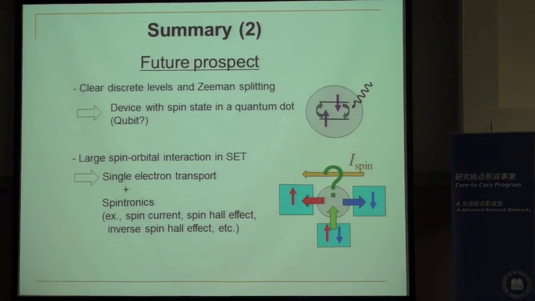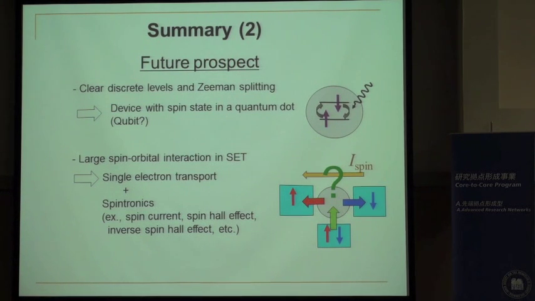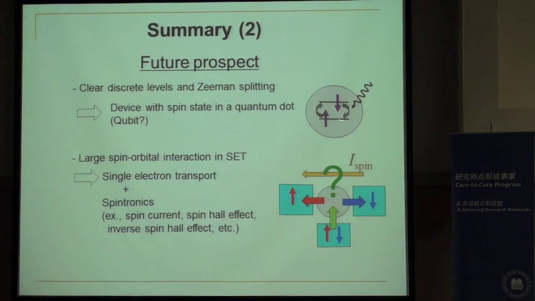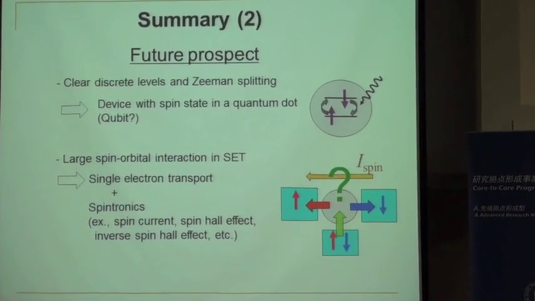And as a future prospect, clear discrete level and Zeeman splitting can be applied for devices with spin state in a quantum dot, such as a qubit. And more interestingly, we could observe the large spin orbital interaction in gold nanowire SET.